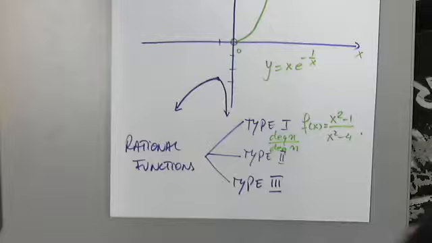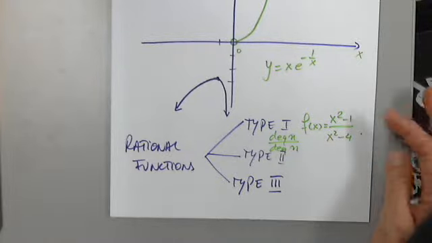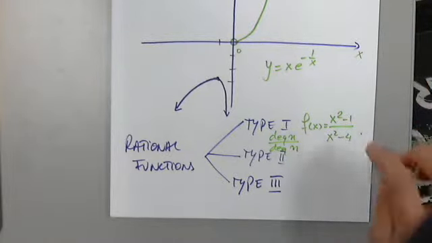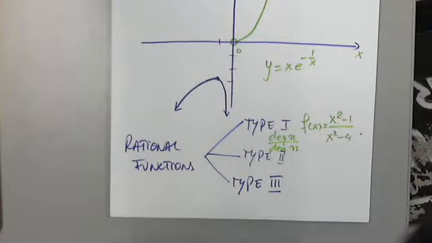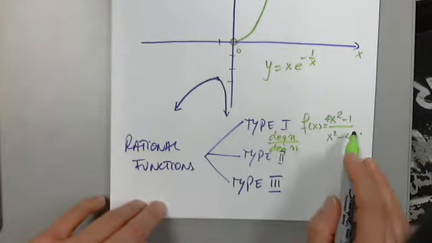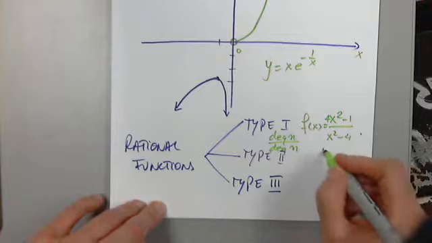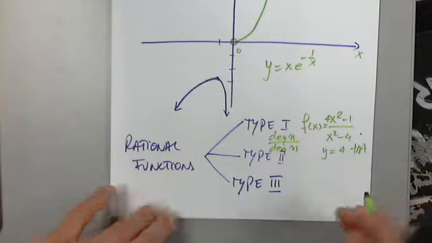As long as the top and bottom have the same degree, remember the function will have a horizontal asymptote that is the ratio of the leading coefficients. We've done this when we talked about limits, when we factored out x squared, the degree of the top and the degree of the bottom, and we ended up with the leading coefficient over the leading coefficient. So let me just make it different. If I have 4x squared minus 1 over x squared minus 4, the horizontal asymptote is 4 over 1.